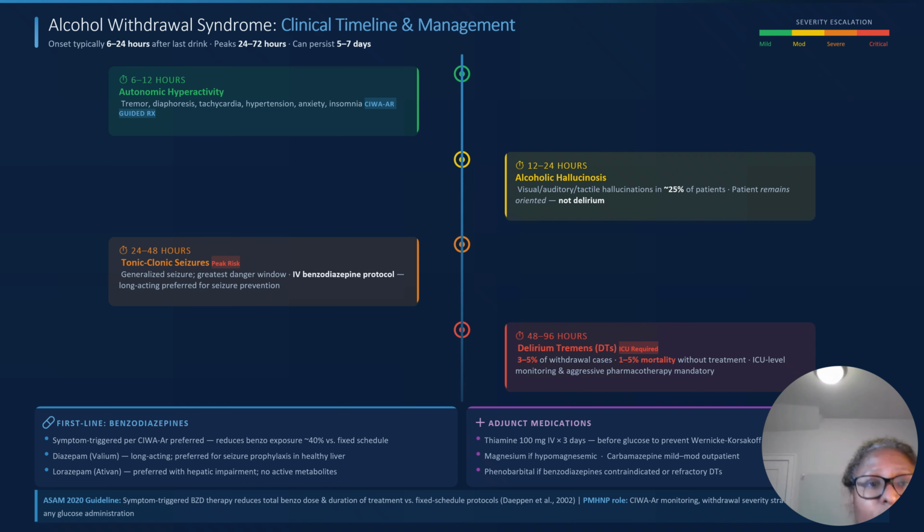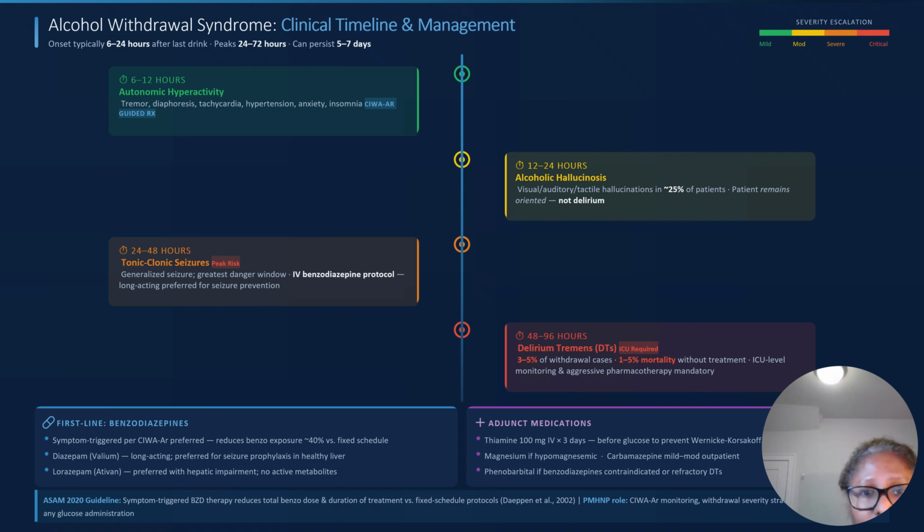As far as alcohol withdrawal, this just kind of goes over the clinical timeline and management that you would see. So 6 to 12 hours, you're going to see autonomic hyperactivity, so tremors, sweating, maybe an increase in heart rate and blood pressure, anxiety, and insomnia.